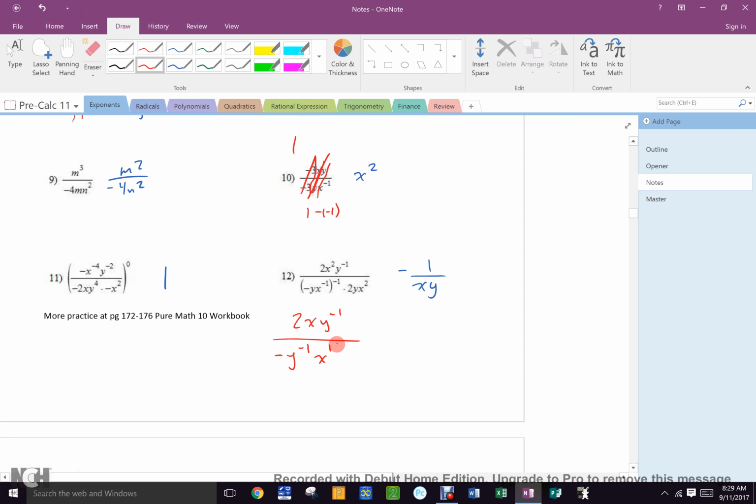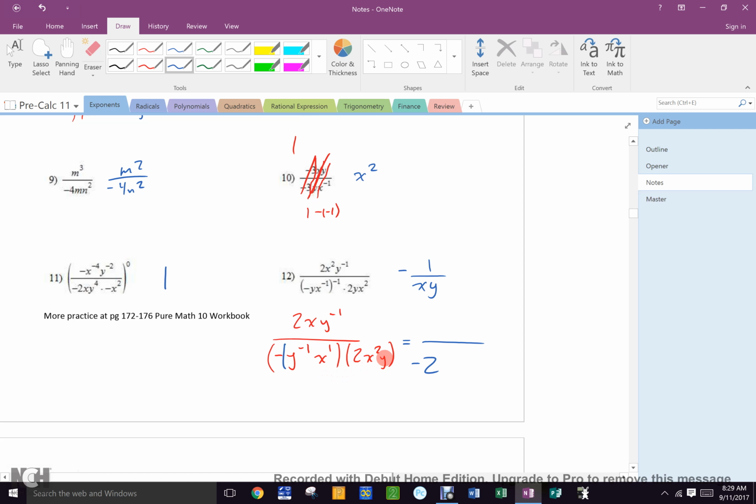Excellent. And then I also had down there 2x squared y. Now notice I changed the order. That's just because I like having x's first. It's the same thing, right? Okay. What's the number that should be right here in front of y that we don't write? 1. Excellent. So what's negative 1 times 2? Negative 2 on the bottom, yes.